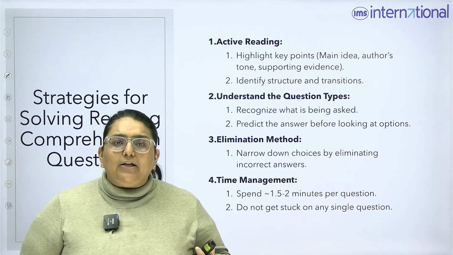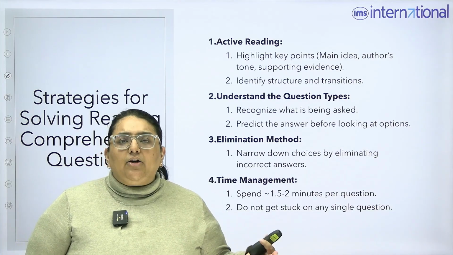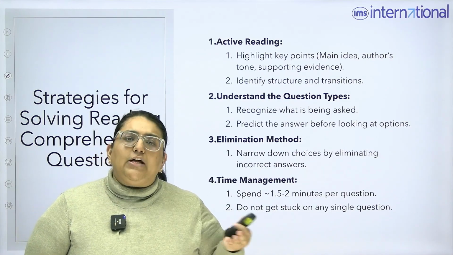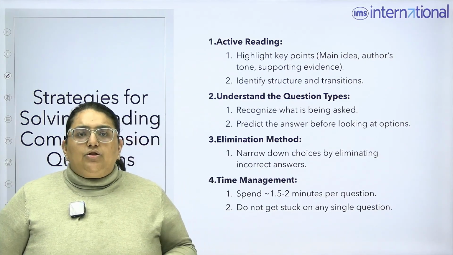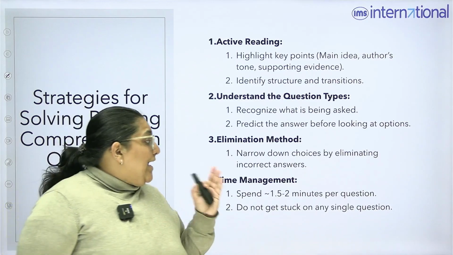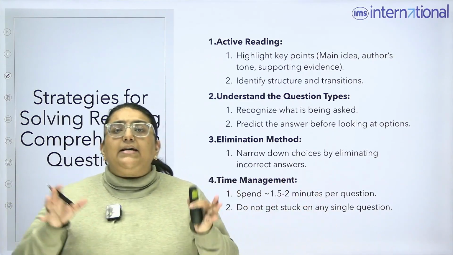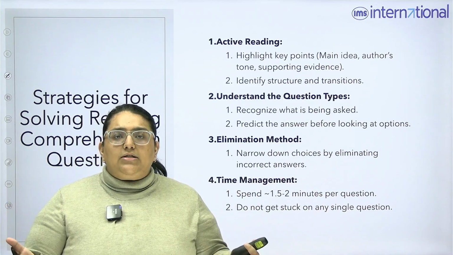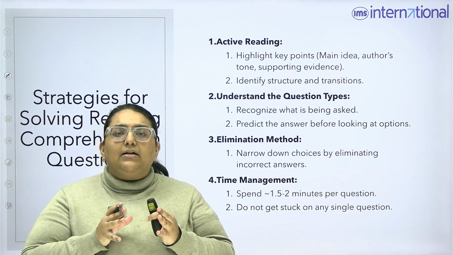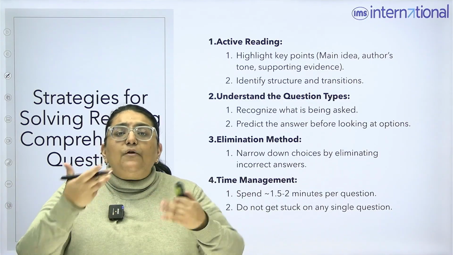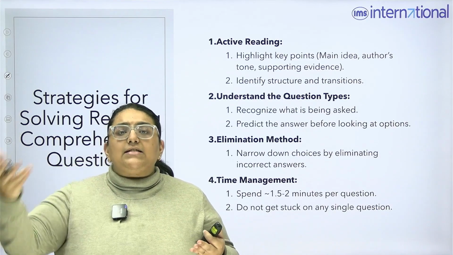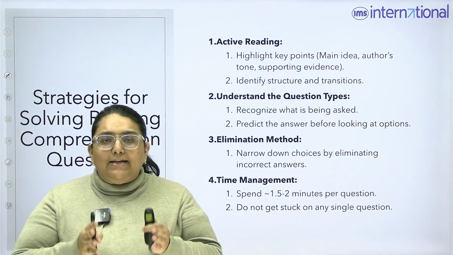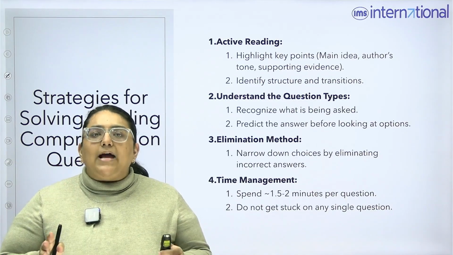If you have a particular comprehension which has 3 questions, the maximum you can spare is 5 minutes for that comprehension. So do not get stuck at any single question and let that penalize the other questions and affect your performance when you are solving the successive questions. You have to quickly move ahead. You have to realize when it is time to stay and when it is time to let go.